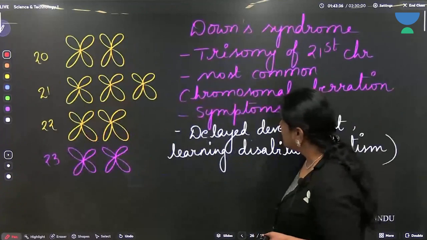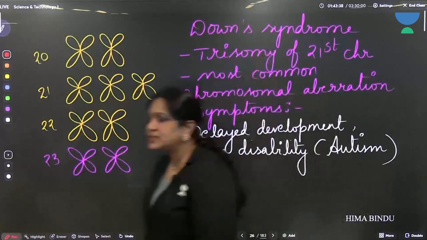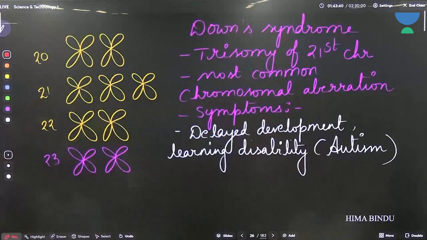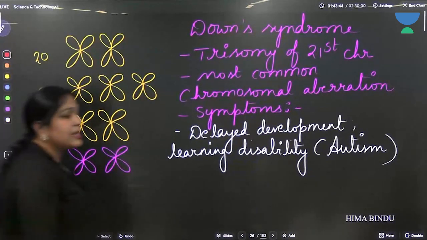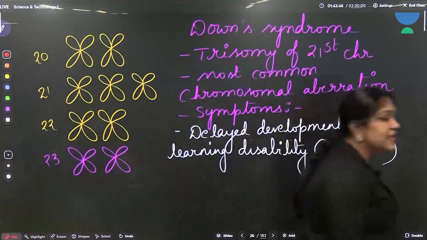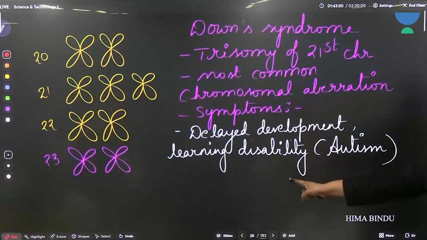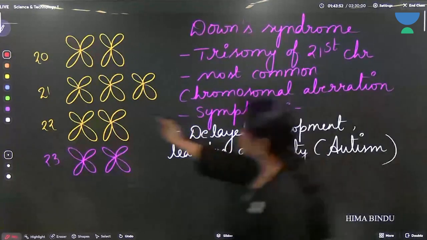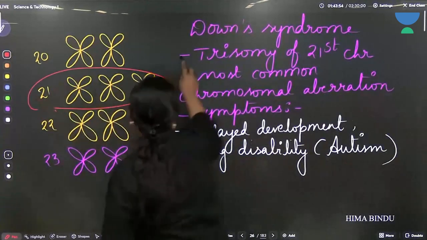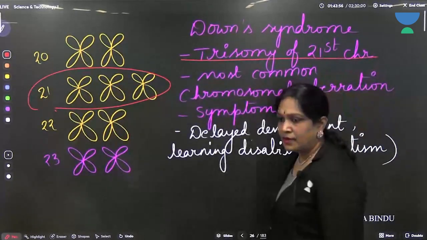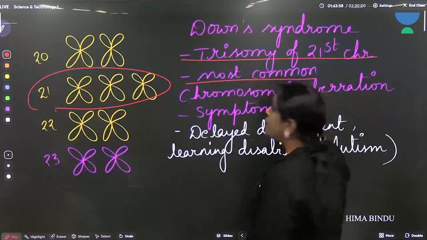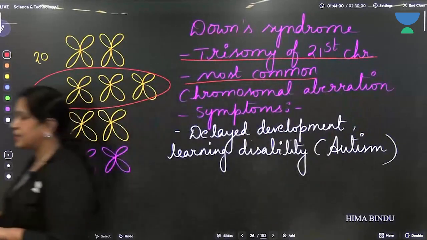Then you have one more thing called Down's syndrome. Use the word once. Down, again, is a scientist name. Till now, we have seen only sex chromosomal aberrations, whereas this is an autosomal aberration, because this is trisomy of the 21st chromosome. This is the most common chromosomal aberration.